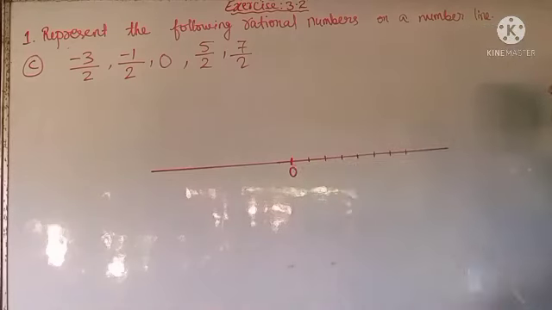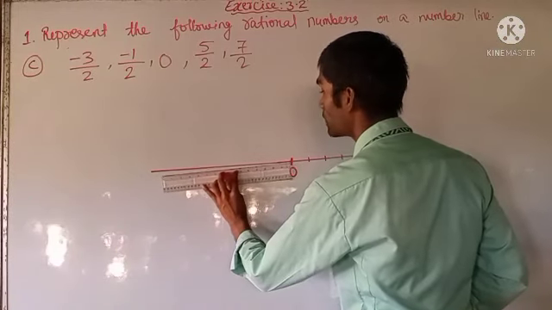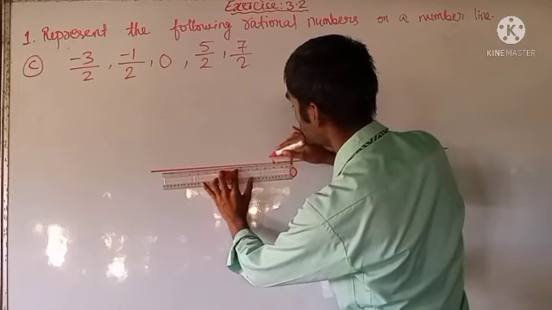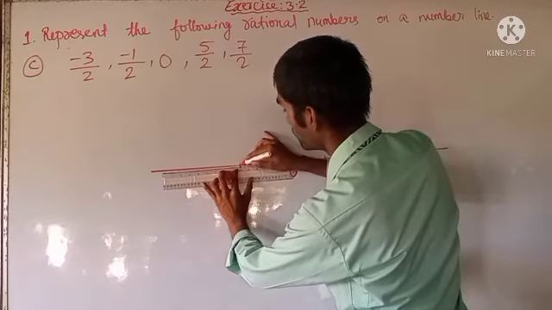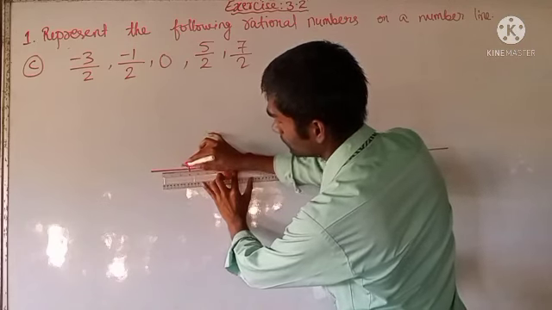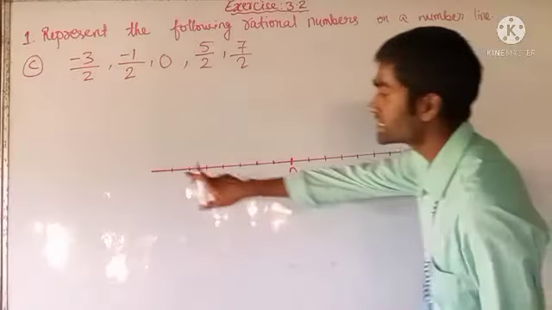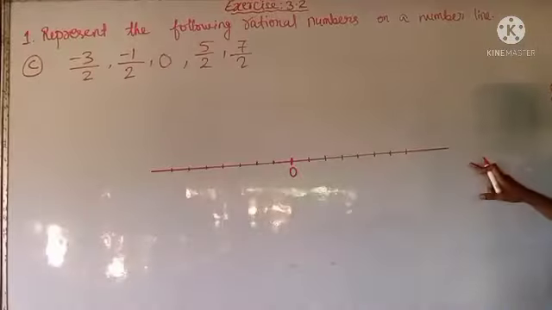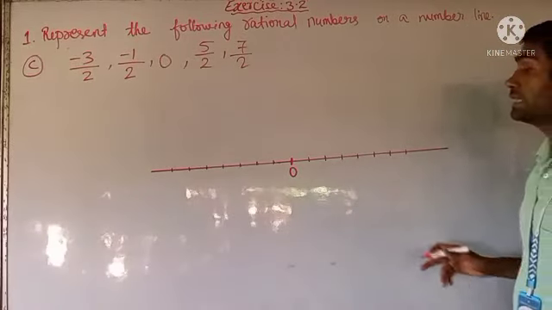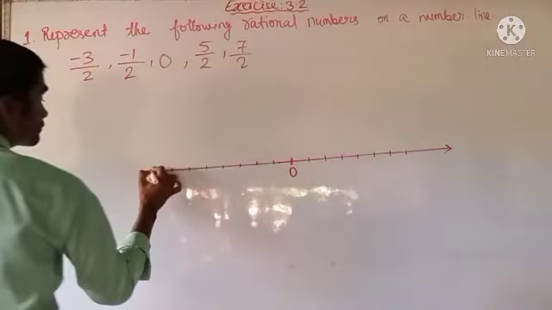Here also on the other side you take 1 centimeter and you mark the points as 1 centimeter each. So in this way we have marked 1 centimeter on all the sides, that is on the left hand side and on the right hand side, and then we'll make the arrow marks on the other two sides.